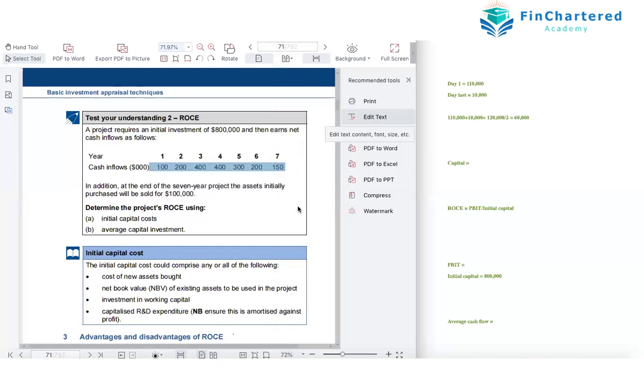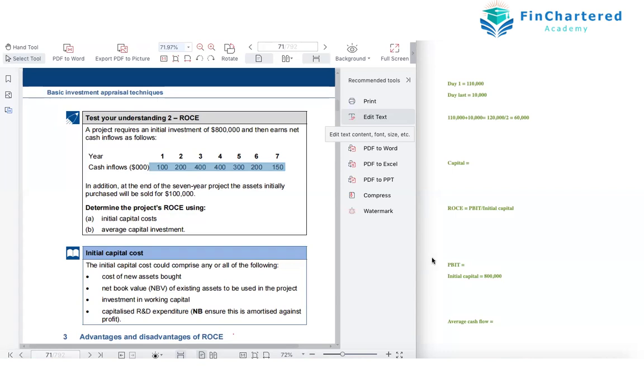How much was it? 150 plus 200 plus 300 plus 400 plus 400 plus 200 plus 100. Add up all. How much is the total? 200 plus 400 plus 400 plus 300 plus 200 plus 150 plus 100 is 1750.